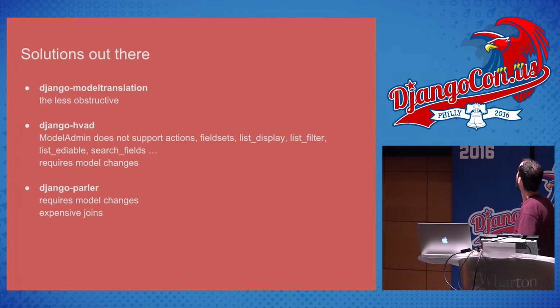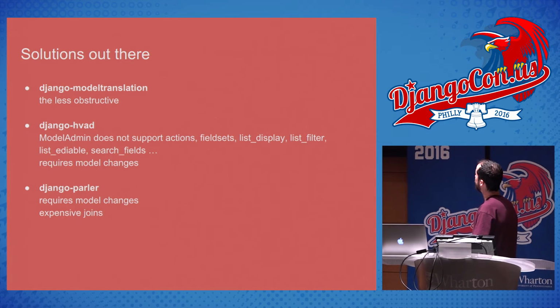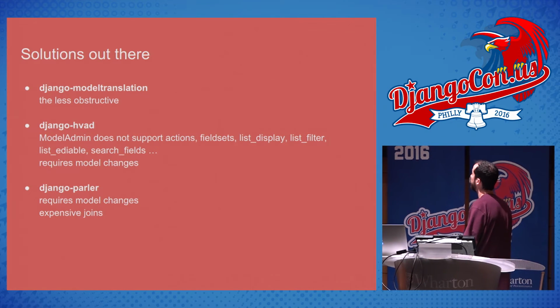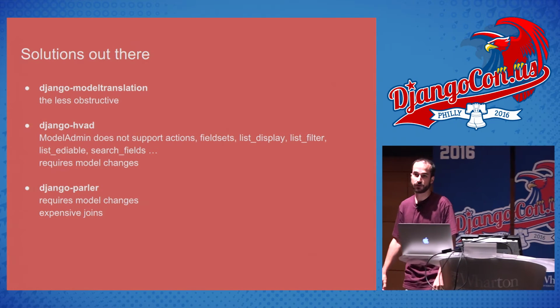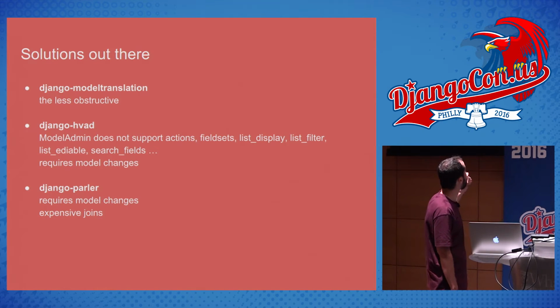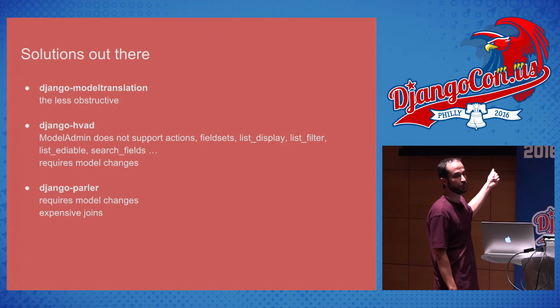With HVAD, you need to modify your model. And keep in mind that this does not support many Django admin features. So unless you actually develop that to support it, you won't be able to search translated fields.